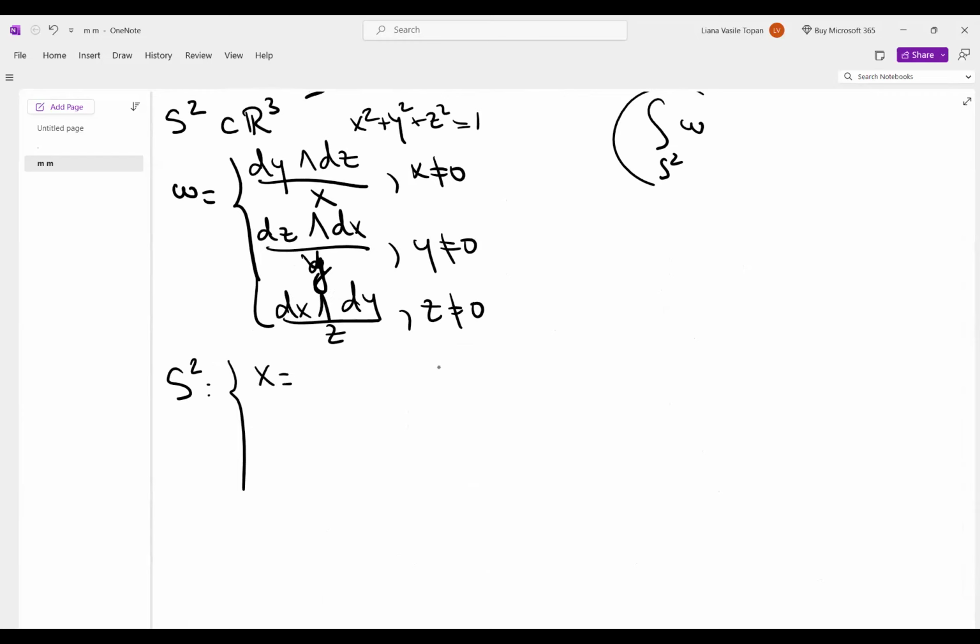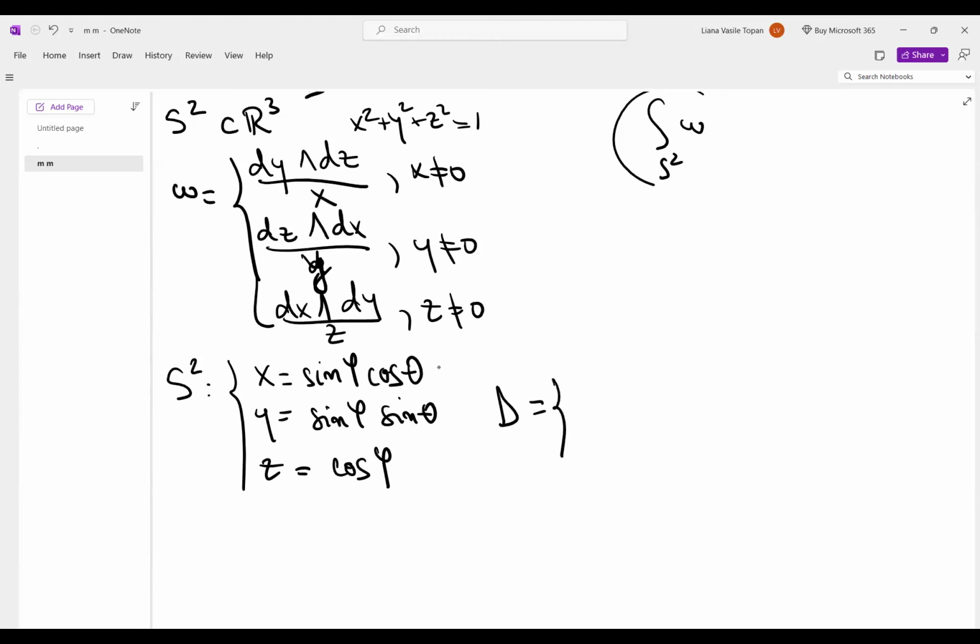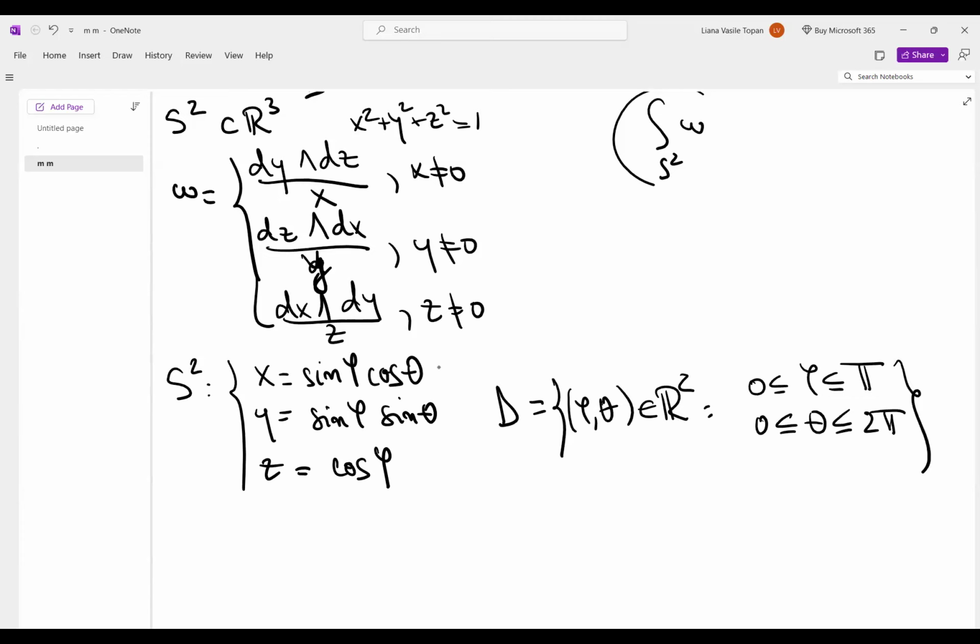We take the spherical coordinates: x is sine of phi, cosine of theta, y is sine of phi, sine of theta, and z is cosine of phi. Then we parameterize S2 on the domain of phi, theta in R squared, such that phi runs between 0 and pi, and theta runs between 0 and 2 pi. So this is our domain.